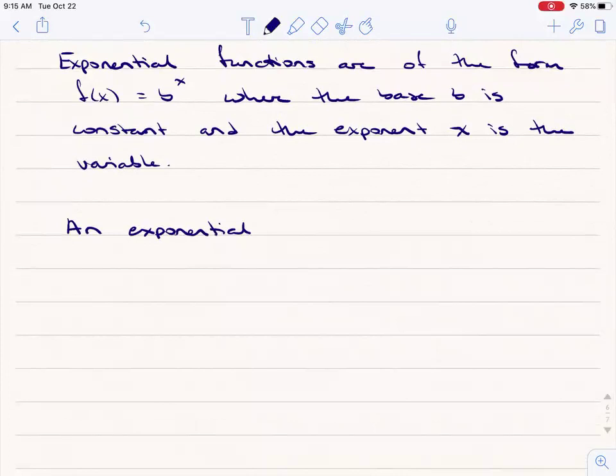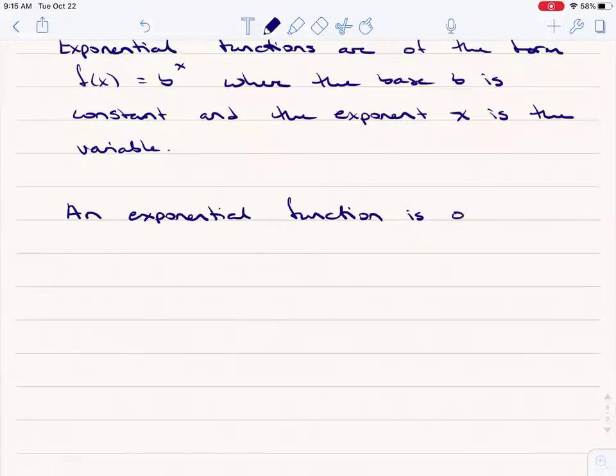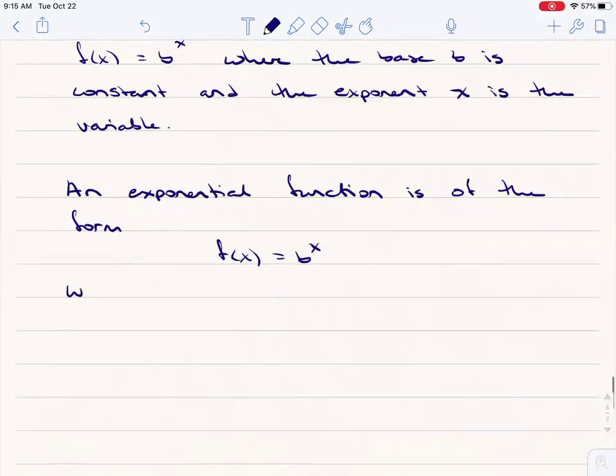An exponential function is of the form f of x equals b to the x, where b is a real number.